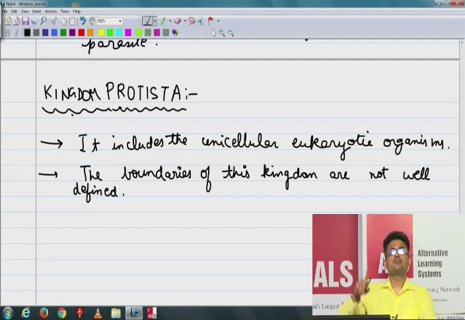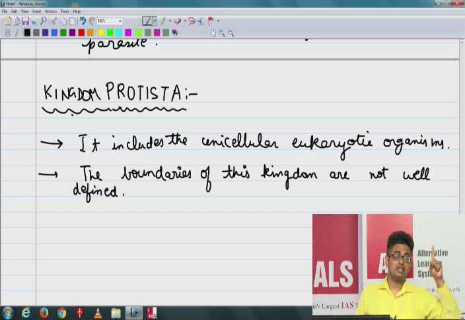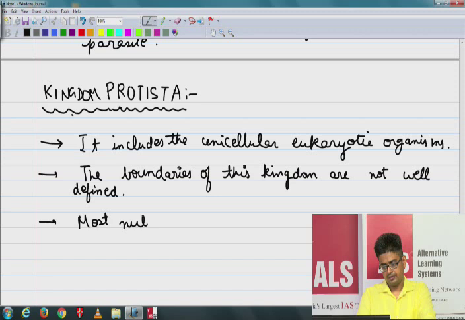Also, this is the most nutritionally diverse kingdom. Organisms are phototrophic, heterotrophic, and they can be a mixture of both, which is called mixotrophic. Kingdom Monera also has diversity, but Protista has even more, so it is the most nutritionally diverse kingdom in the entire five kingdoms.